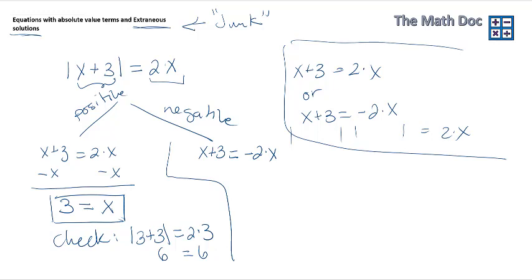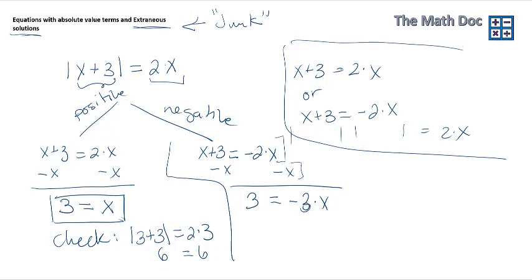Let's do this again. Let's use the subtraction again. We will subtract x from both sides. So x minus x on the left will leave us with just 3 equals minus 3 times x, because we had negative 2x here and another negative x.